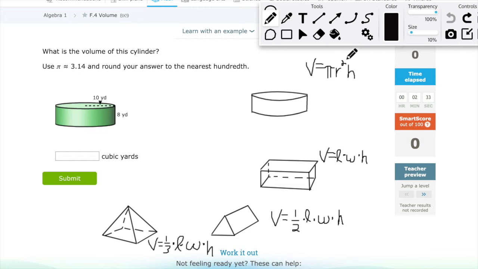Remember what it means to square something. You could use the squared button on the calculator, but just so you know, r squared is the same thing as r times r, something times itself, so that would be like 10 times 10 here.